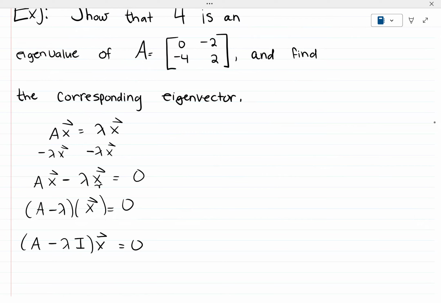So what that means is it's going to be A vector x is equal to vector b.